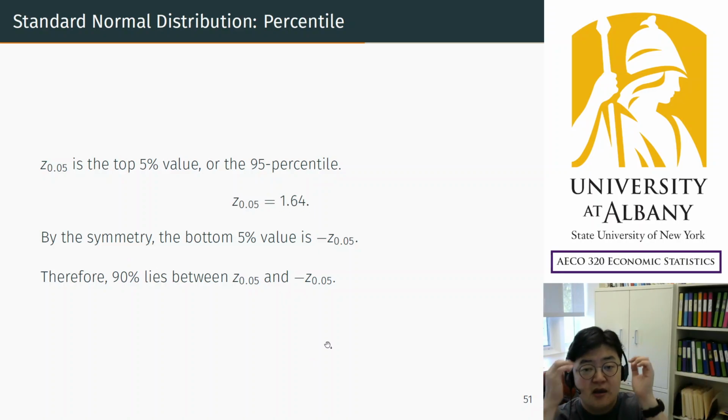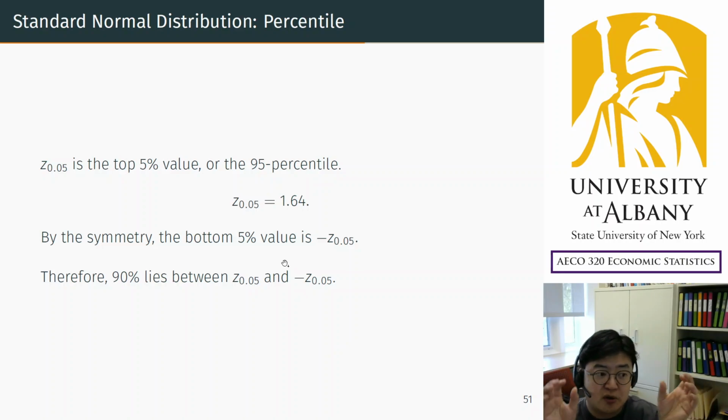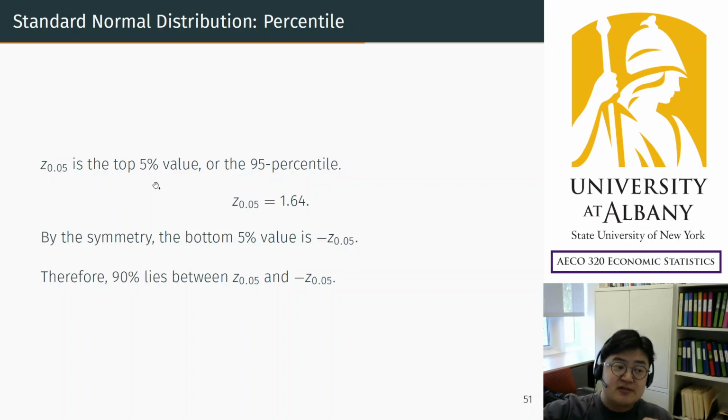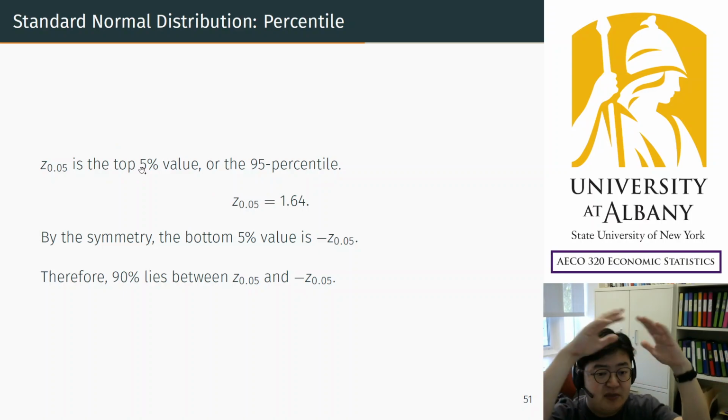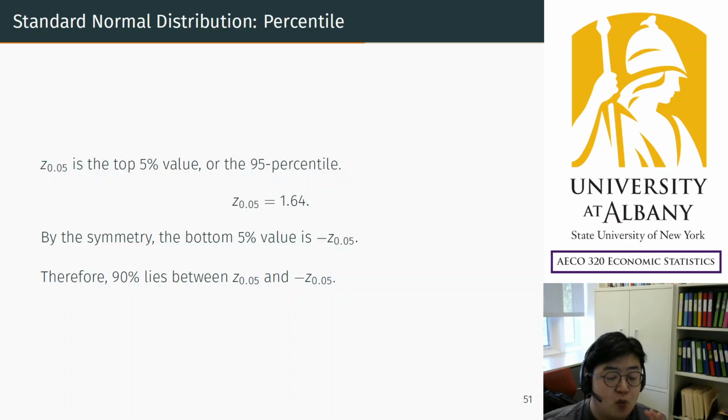So even though we are counting from the bottom or the top, later, in fact, what we are interested in is the middle values. So we use top 5% value when we want to trim out top 5% and bottom 5%. So what remains is the middle 90%, right? I want you to connect top 5%, bottom 5%, and middle 90% at the same time. And usually we want this guy.